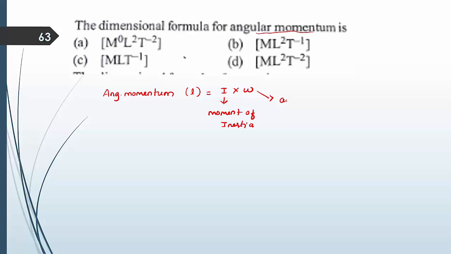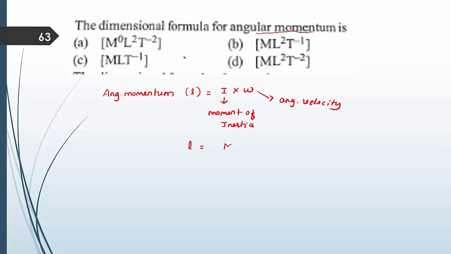Omega indicates angular velocity. Yes, first year students, you are going to study about angular momentum, moment of inertia and angular velocity in the chapter System of Particles and Rigid Body. But for the 12th standard students, you have studied in your first year, so it is easy for you to write the dimensional formula. L equal to I omega.